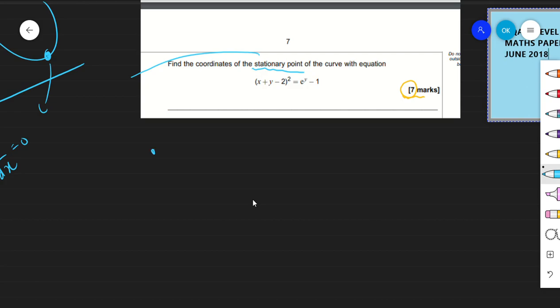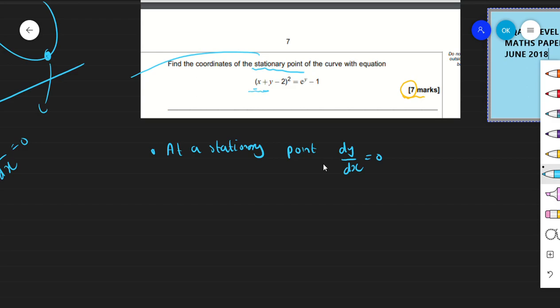So I would say at a stationary point, dy/dx is equal to 0, right? That's the first step that I would take. Next, when we look at the equation, we can see y terms as well as x, so that should remind us of implicit differentiation.